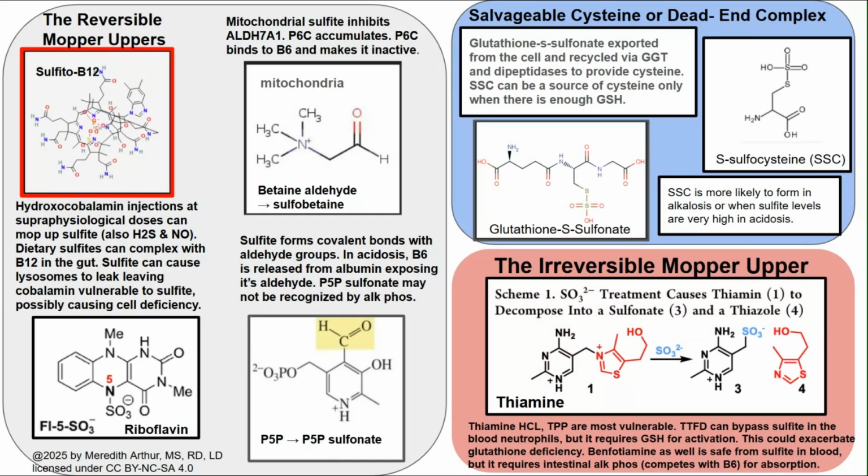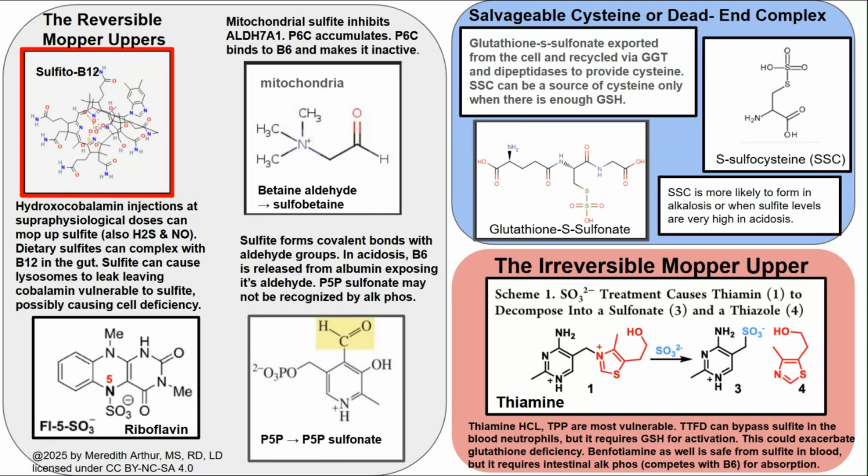So moving on to B12. B12 can be a mopper upper, but it's specifically the hydroxycobalamin form. And to really mop up sulfite, you would have to inject super physiological levels of this form of B12. But you should know that there's also a risk of mopping up hydrogen sulfide, which is fine if you have too much.